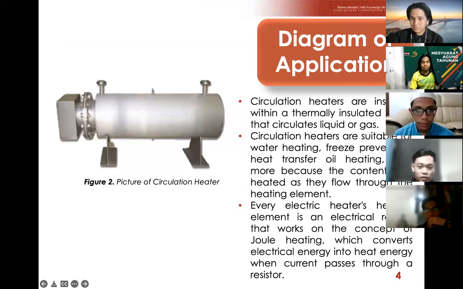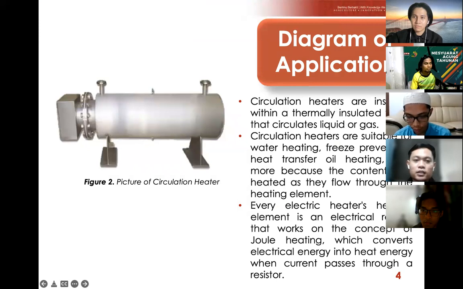Thank you, Sufi. So for my part, which is the diagram of application, this is the picture of a circulation heater. Circulation heaters are installed within a thermally insulated vessel that circulates liquid or gas. They are suitable for water heating, freezing prevention, heat transfer oil heating, and more, because the contents are heated as they flow through the heating element.